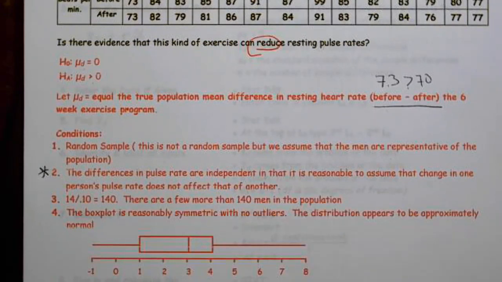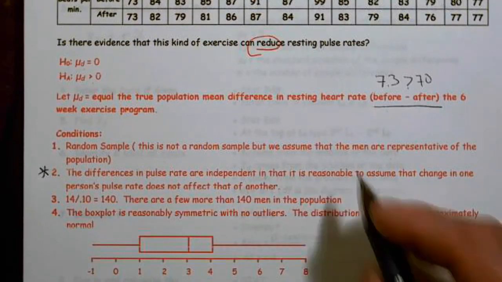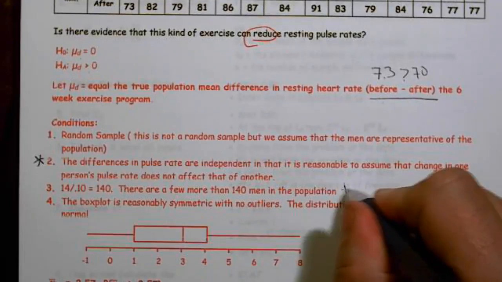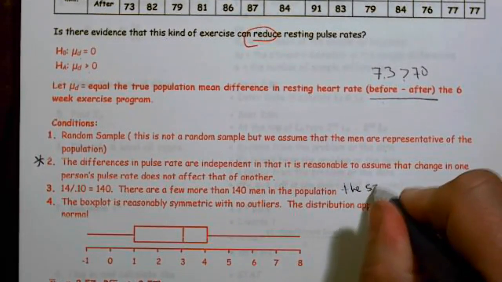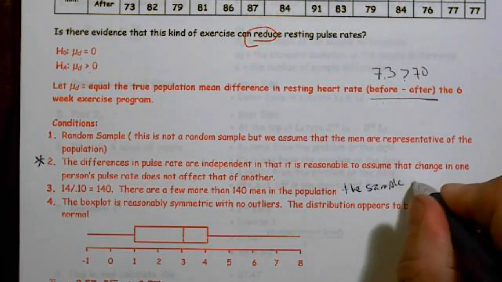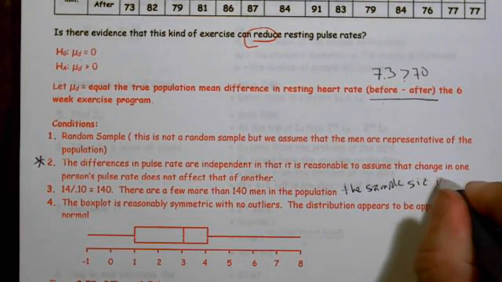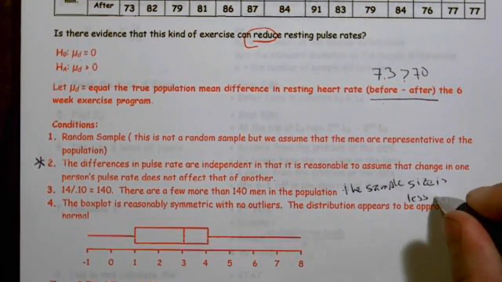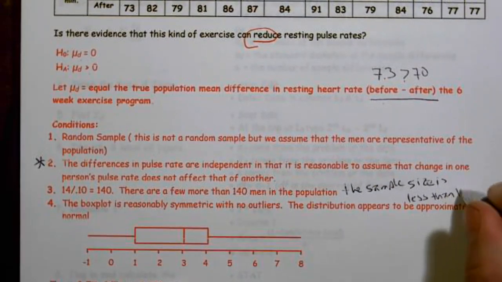So my sample size is less than 10%. And I really need to add that to it. The sample size is less than 10% of the population.